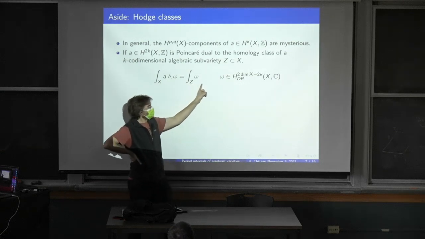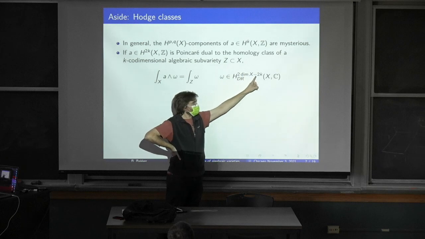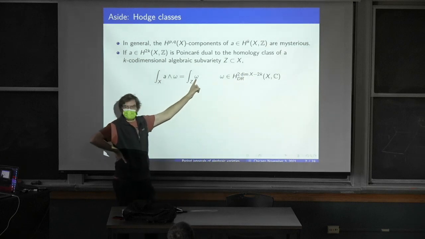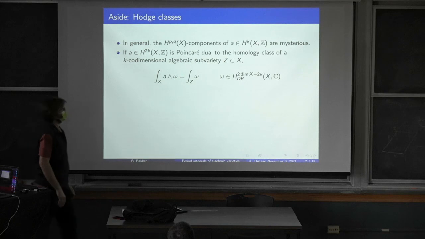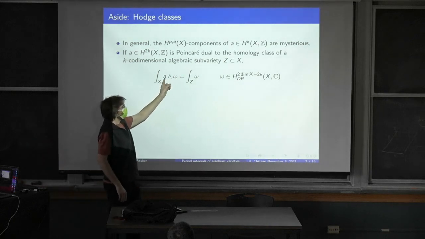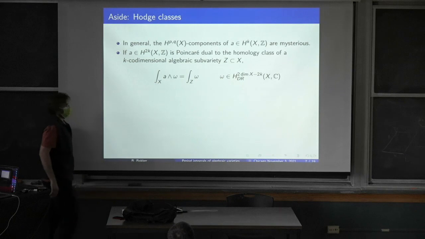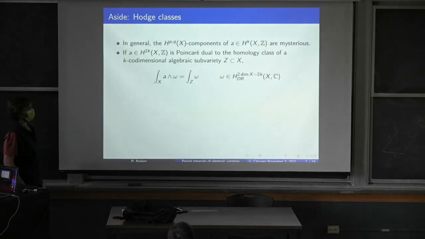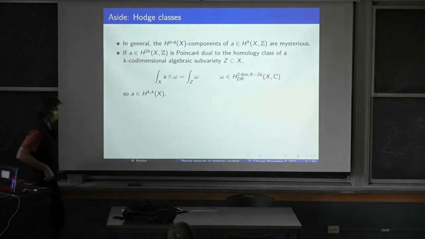holomorphic coordinates. So if this is anything other than type (dim X minus k, dim X minus k), this restriction will be 0. It'll either have too many dz's or too many bars. In other words, this wedge for omega that's anything other than middle Hodge type will be 0, and that implies that this cohomology class has to have pure Hodge type.